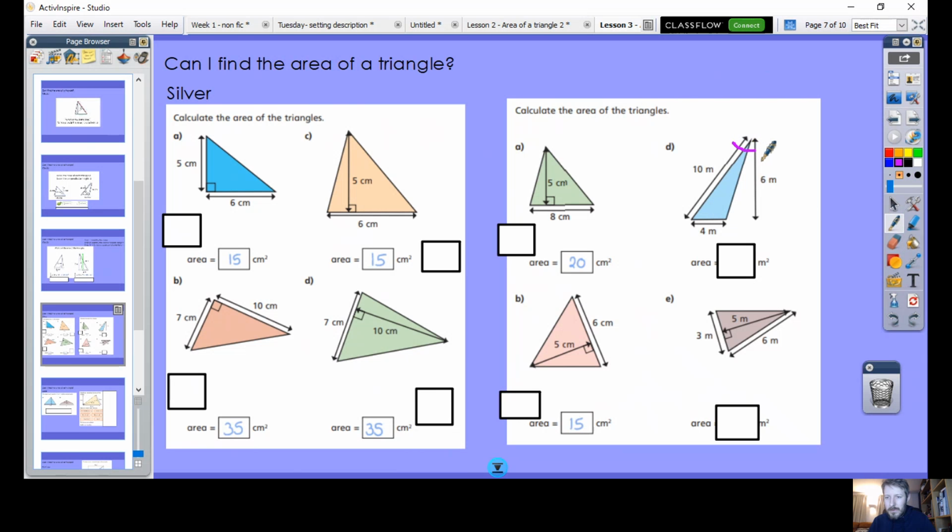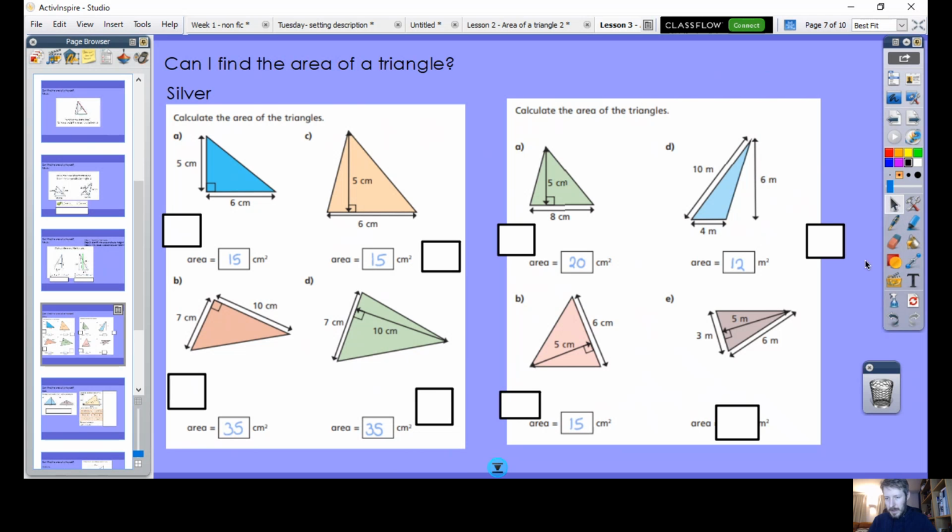This angle round there is definitely not a right angle. So what we have to say is that this line is the base, this 4 meters here, because the height coming up from here is at a right angle from this base. So half of 4 would be 2, and then multiply by 6 would be 12.